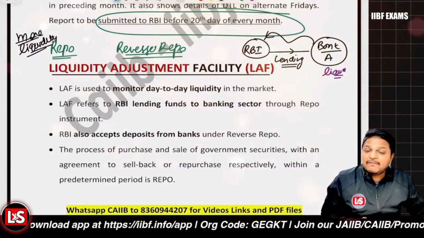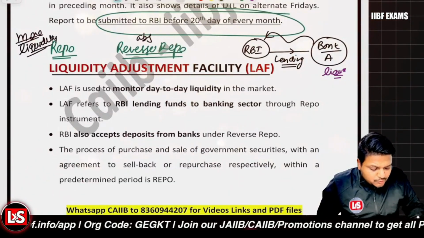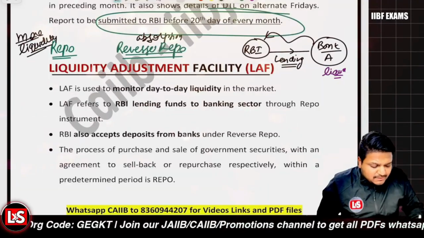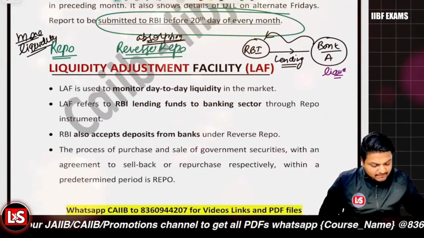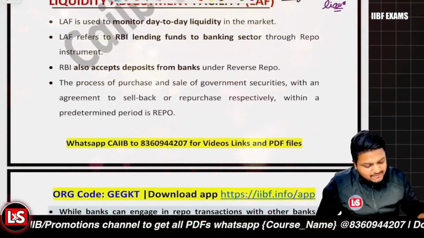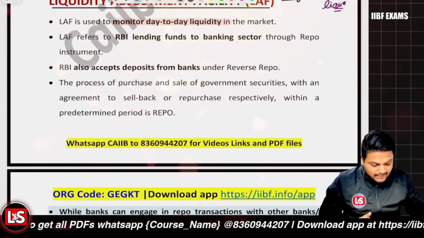Clear with it? And when we are talking about the reverse repo, it means there will be absorption of the money supply from the market. So LAF is basically used to monitor day-to-day liquidity.